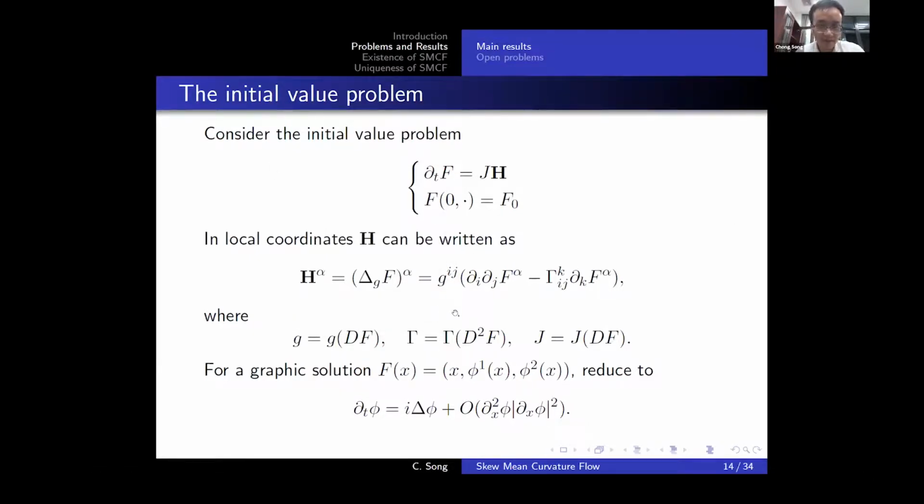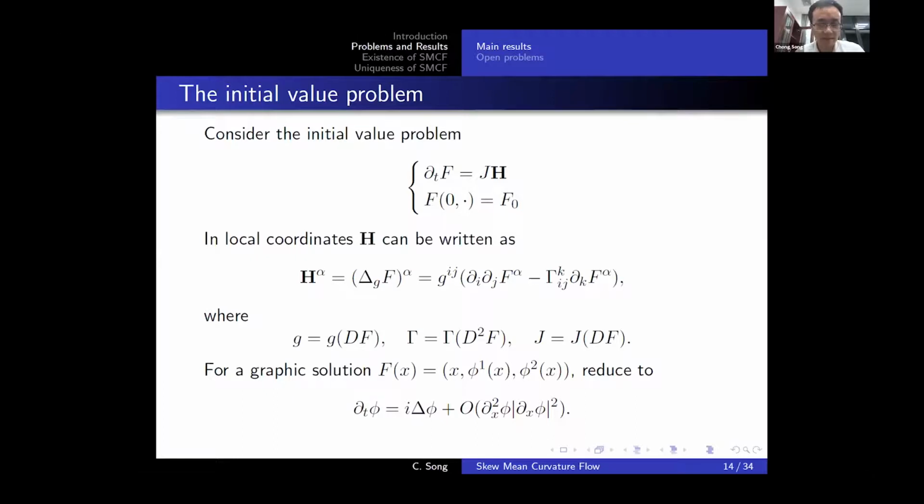As you can see, this curvature involves the first and second order derivatives of f. In particular, the metric depends on the first derivative, and the complex structure also depends on the first derivative, but the Christoffel symbol depends on the second order derivatives.